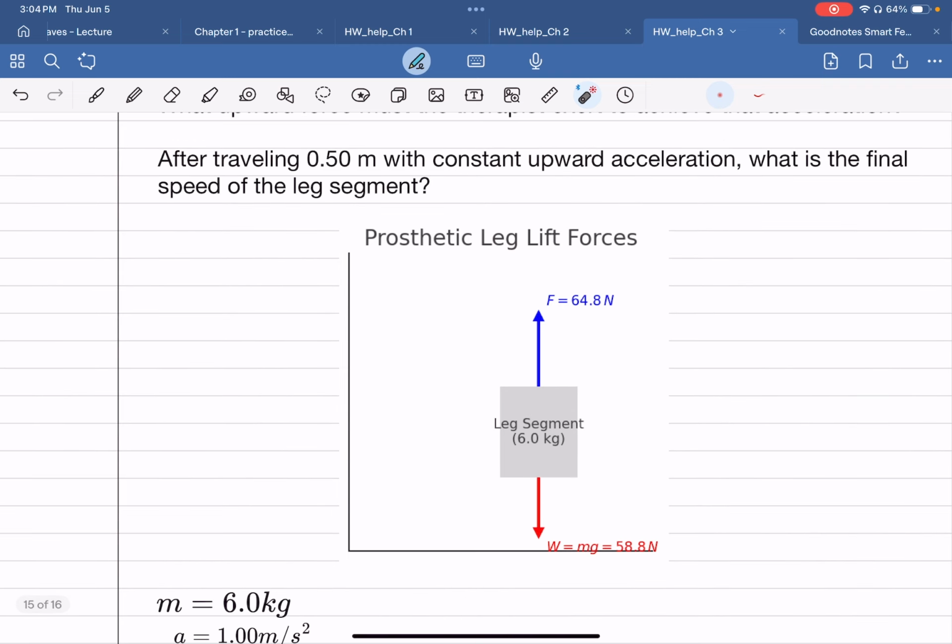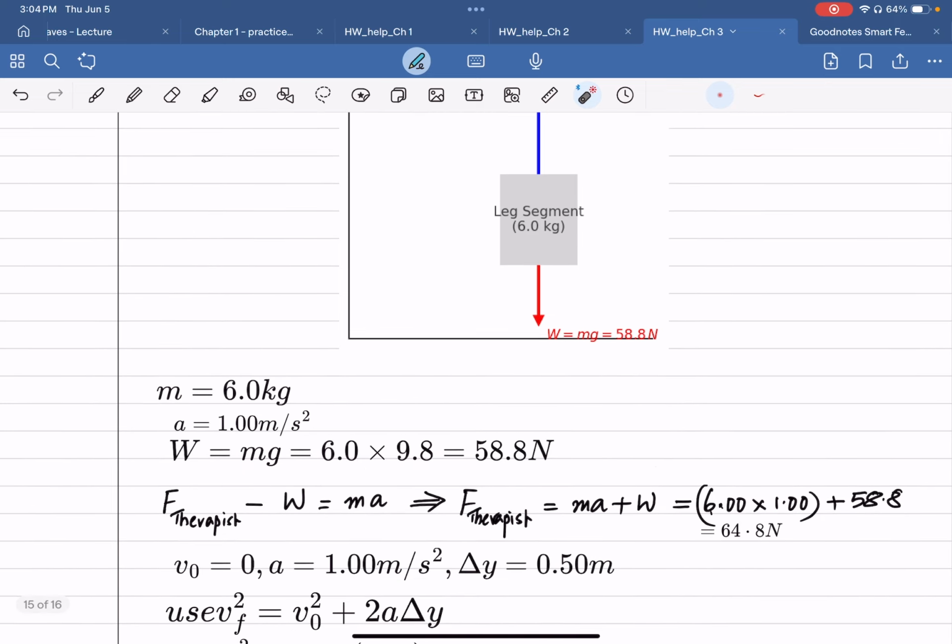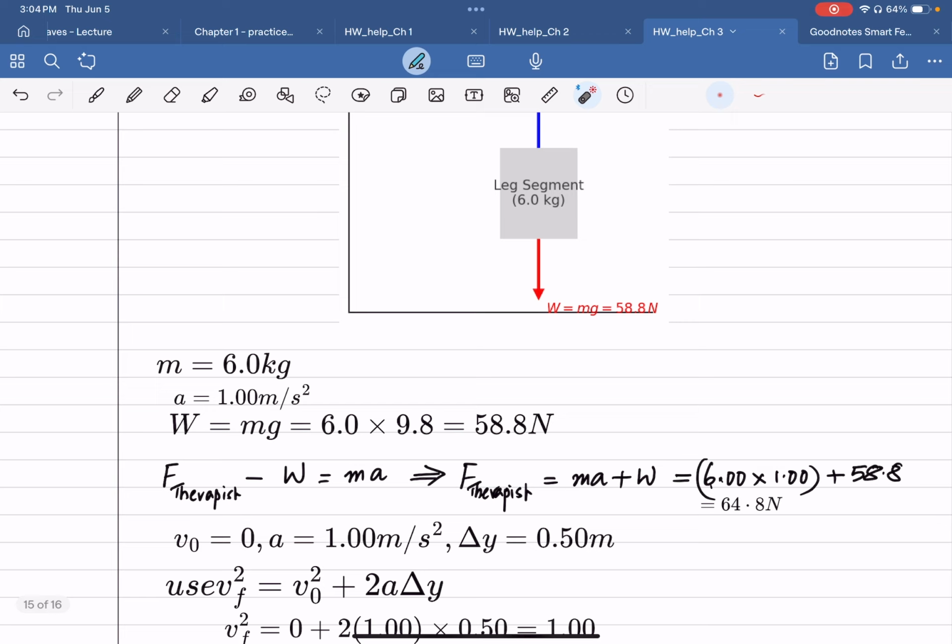What's the second part? What is the final speed? Final speed means final velocity. So you're given initial speed, acceleration, displacement, and you're looking for what? The final speed, okay? And the formula that relates these four is this one.